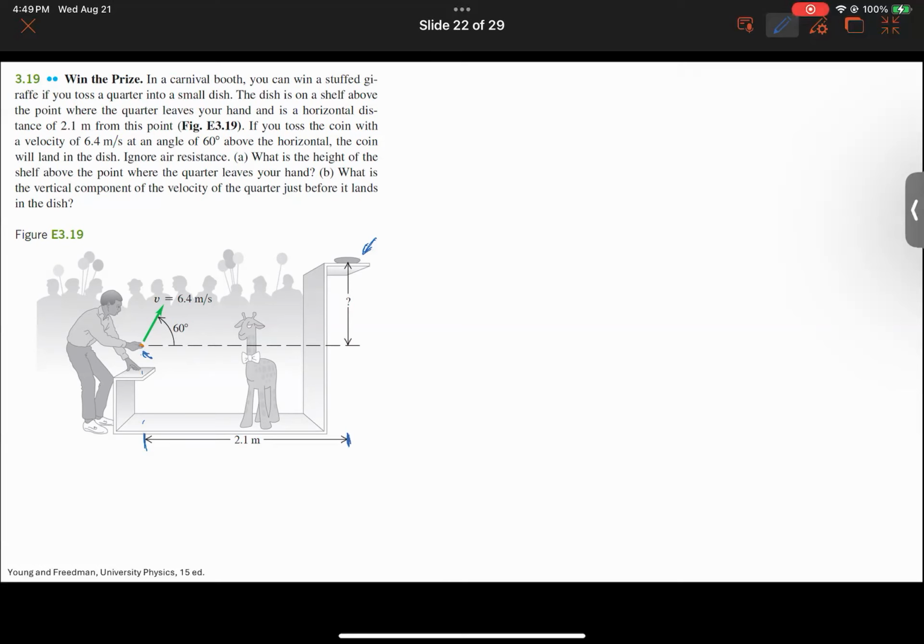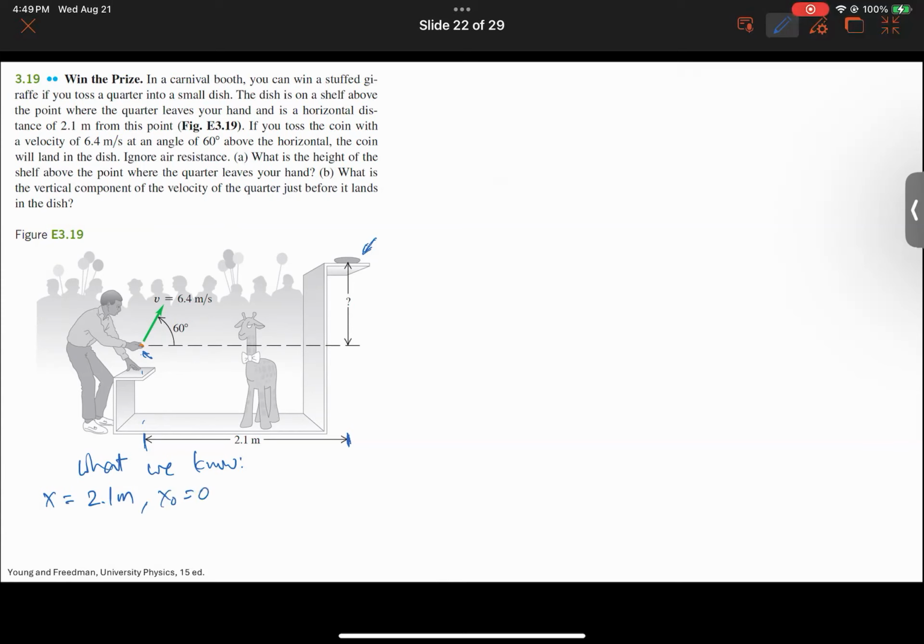If you toss the coin with a velocity of 6.4 meters per second at an angle of 60 degrees above the horizontal, the coin will land in the dish. Ignore air resistance. So what do we know? First, the displacement, 2.1 meters. The position of the dish is 2.1 meters.